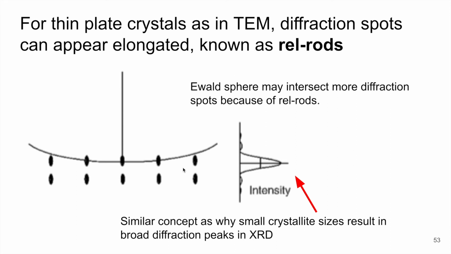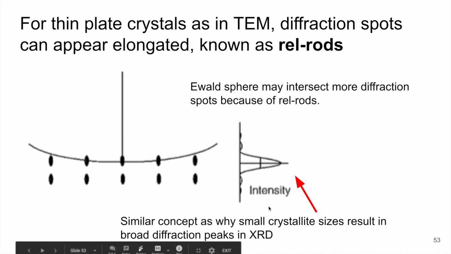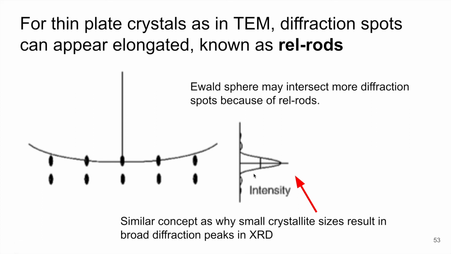And if you're wondering why they elongate or produce these rel-rods, as they might be called, so these kind of spot patterns, it's the same concept that we talked about in XRD, where a small crystallite will cause that peak to broaden because we get diffraction over a wider range of angles. And it's the same thing here.